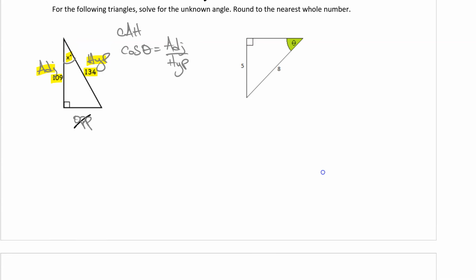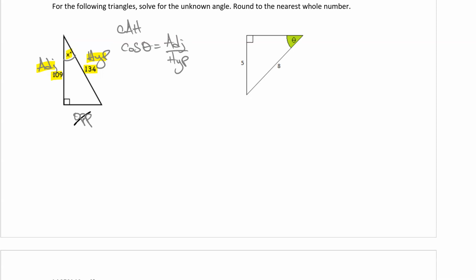The next thing you're going to do is the process of substitution and solving. So here we go. Cosine of x is equal to adjacent, which is 109, and the hypotenuse, which is 134. You've gotten so far, which is pretty good. However, you want to isolate x, and right now x is being multiplied by cosine.